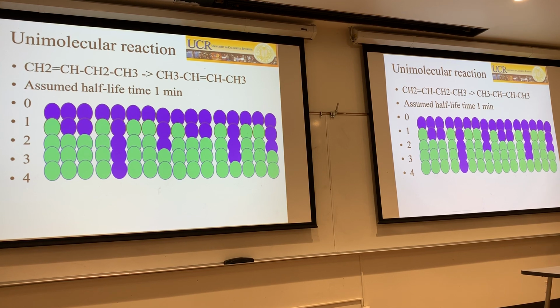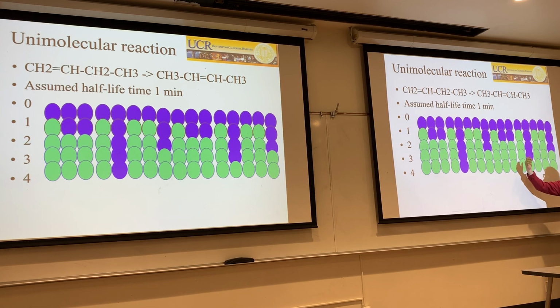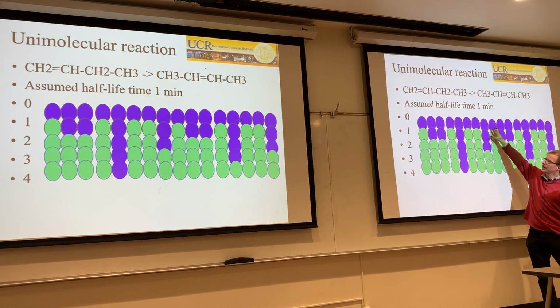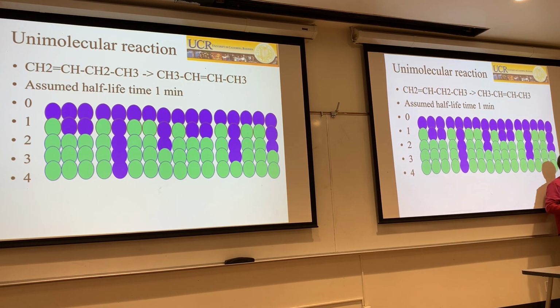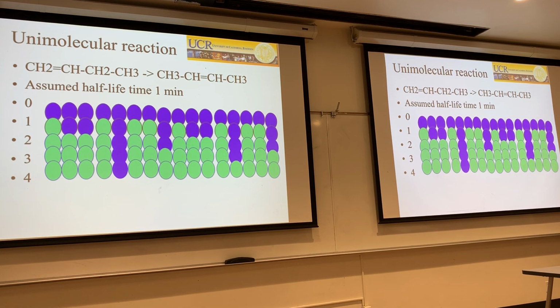The molecule does not know time, and so it does not know whether it's due to decompose now or not. For molecules, in every second I have so much probability to decompose, and that probability will stay the same over time. So, imagine that for this reaction the probability is such that after 1 minute, half of the molecules will decompose.